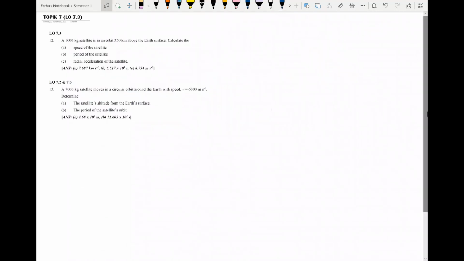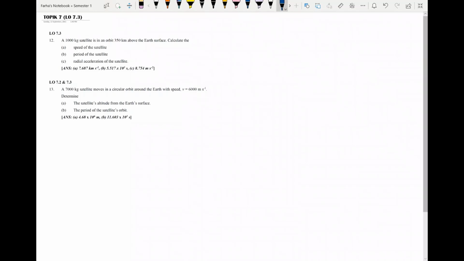Now let's look at question number 12. A 1000 kilogram satellite is in an orbit 350 kilometer above the Earth's surface. Calculate the speed of the satellite, the period of the satellite, and the radial acceleration of the satellite.